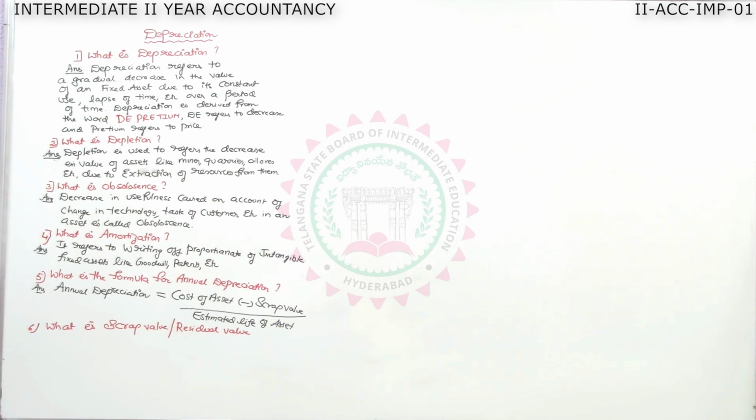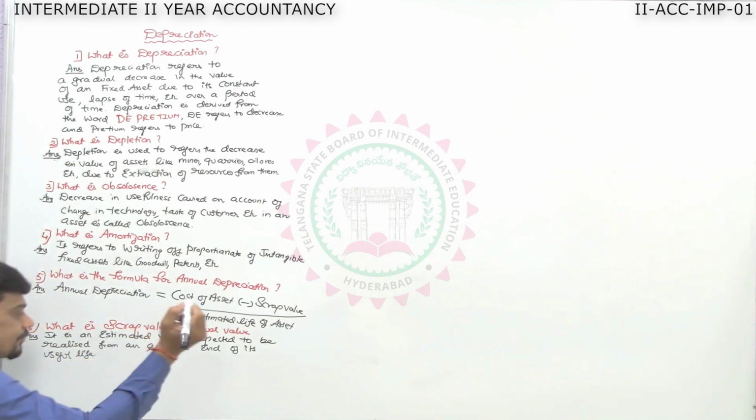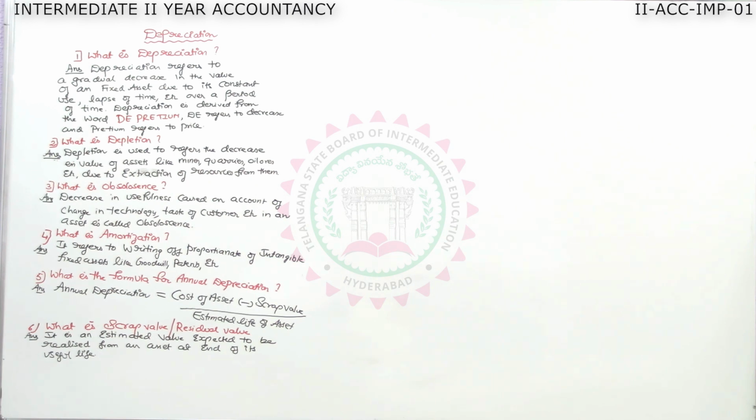So the answer will be: it is an estimated value expected to be realized from an asset at the end of its useful life.